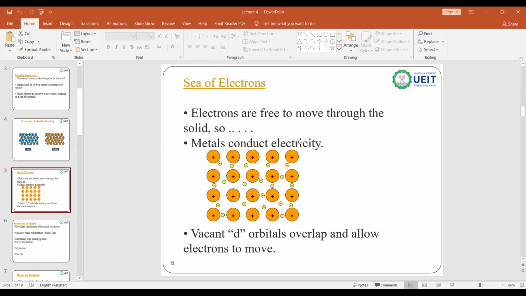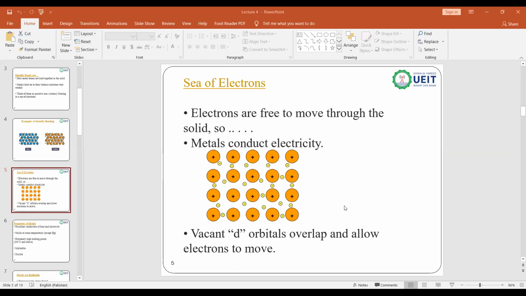Sea of electrons. The electrons are free to move through the solid. So metals conduct electricity. This is a property of metals: they conduct electricity because of the presence of the sea of freely moving electrons. In transition metals, vacant d orbitals overlap with each other and allow the electrons to move, so the metal can conduct electricity very easily.